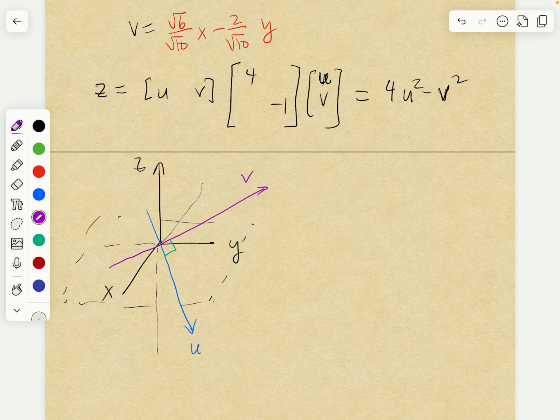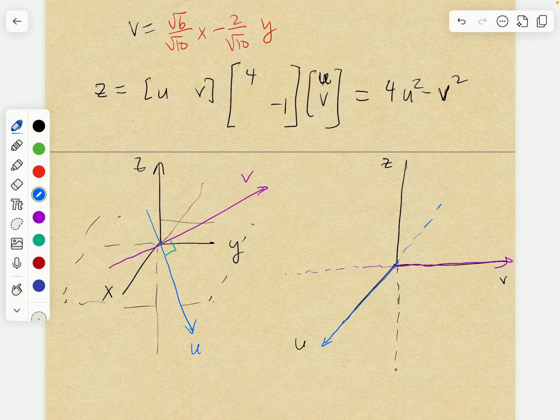And so now we can say, well, what happens if you use the u and the v axes instead of the x and y axes? So if you use the u axis like this and the v axis like this, we still keep the z axis, but we're graphing using the u and v axes instead of the x and y axes.